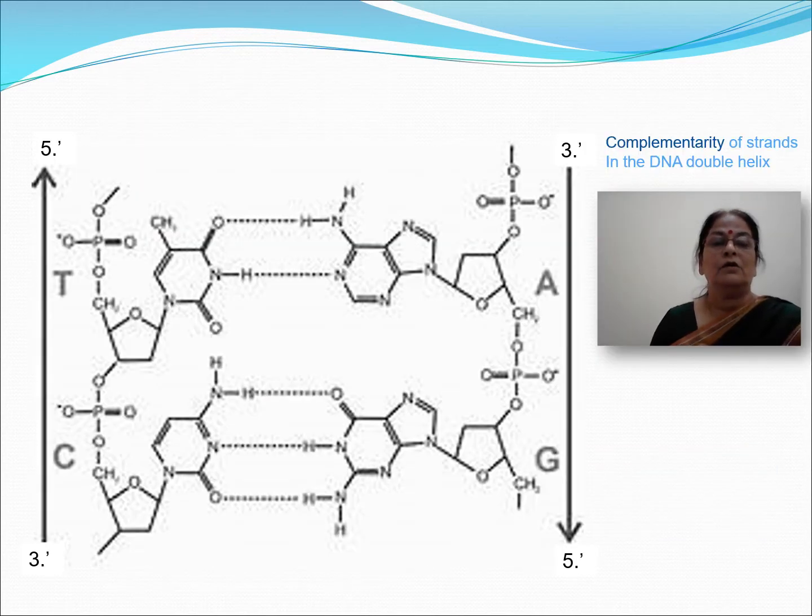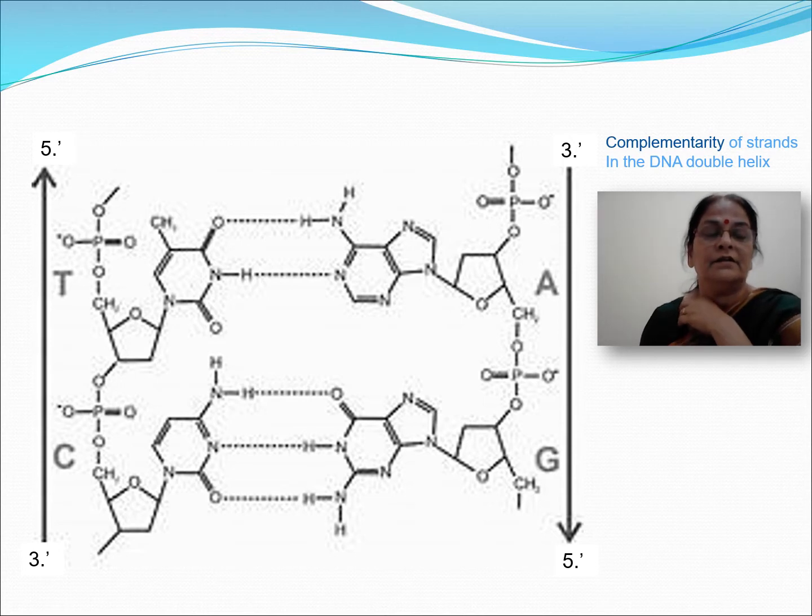Now, adenine always links with thymine and guanine always with cytosine. There are 2 hydrogen bonds. These are 2 polynucleotide chains which are anti-parallel.